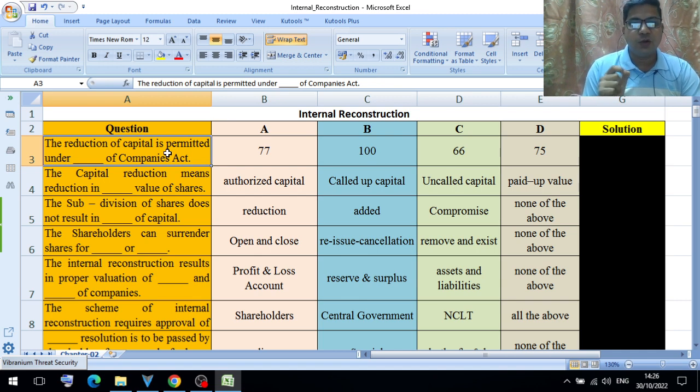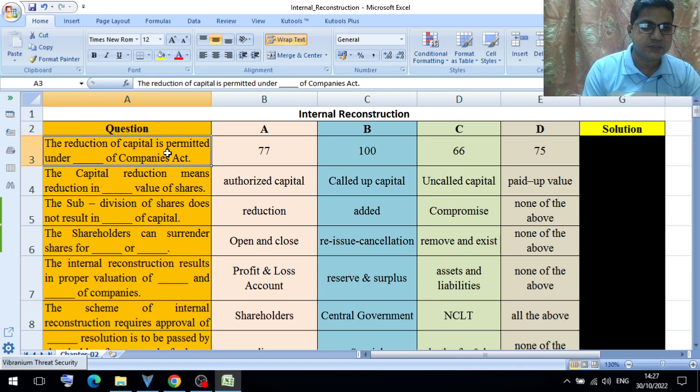So today we are going to learn some important questions related to multiple choice and true or false. Let us discuss the multiple choice questions. You have to select the appropriate answer among these four answers.